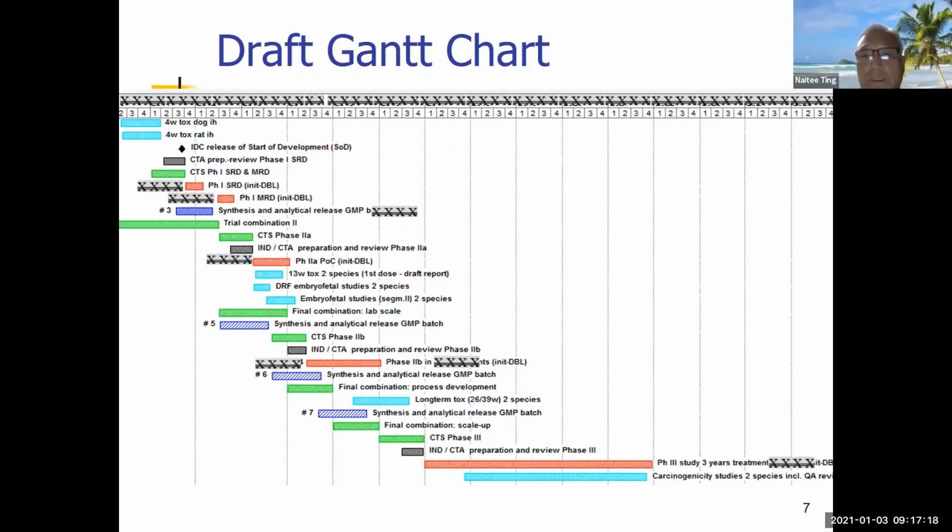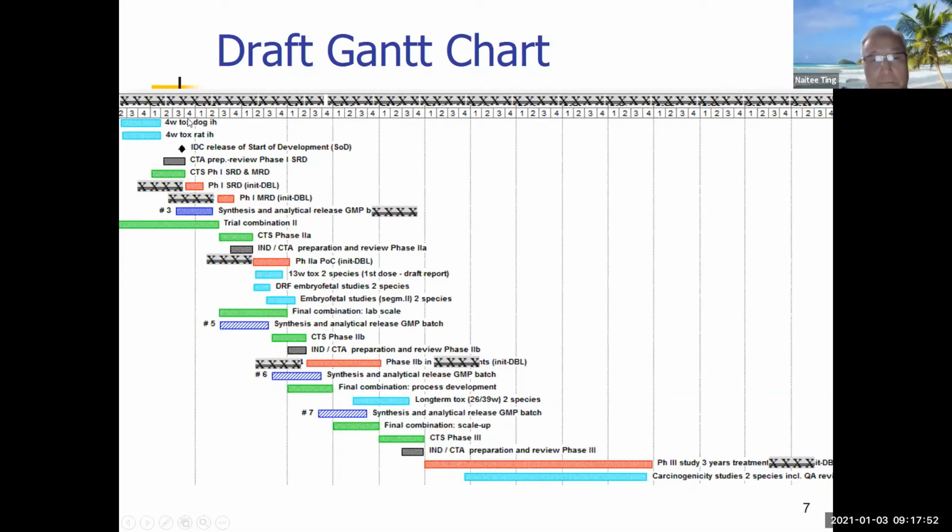You need to formulate the drug in a way that when you go through your phase 1 studies, CTS, which is clinical trial supply for phase 1 SRD and MRD, you have to go through these processes to come up with the drugs that are formulated and ready for clinical use. So that's why you have to have sufficient drug supply before you start with your first phase 1 study.